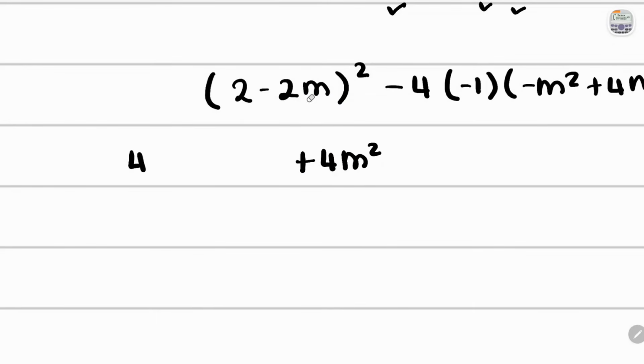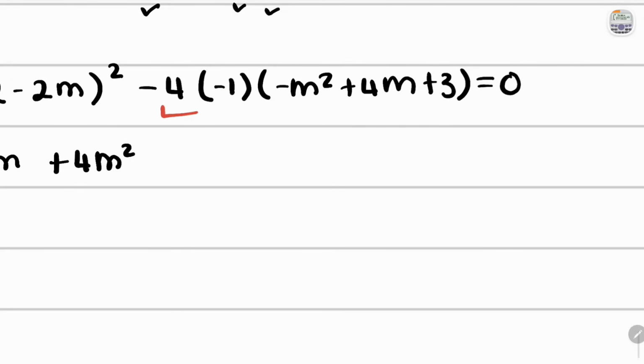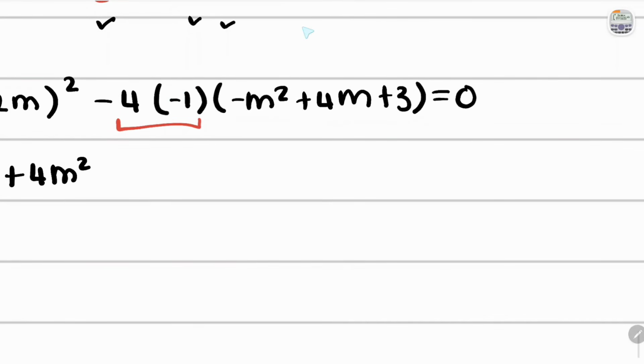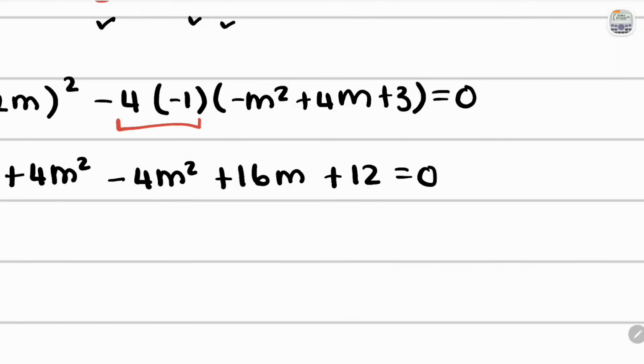And then 2 times -2m is -4m, but you multiply that by 2, giving you -8m. And here, when we multiply these two together, they give you a positive 4. And that's going to distribute into here. So it's 4 times -m squared, which is -4m squared, 4 times positive 4m, which is positive 16m, and 4 times 3, which is positive 12, is equal to 0.